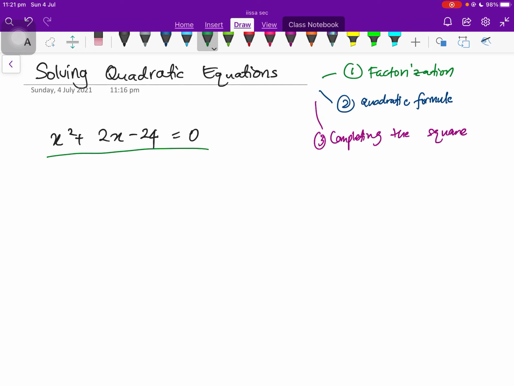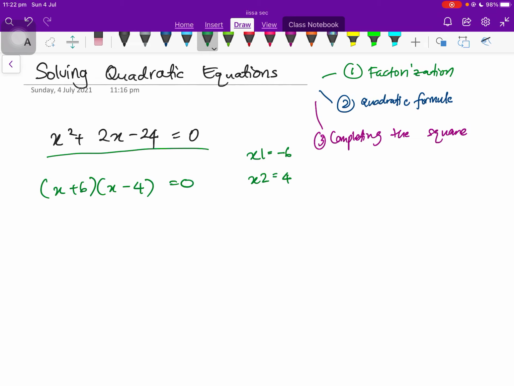If you press your calculator, you will get x1 is negative 6 and x2 is 4. So if you want to factorize that, it's going to be x plus 6 and x minus 4, which is equal to 0.